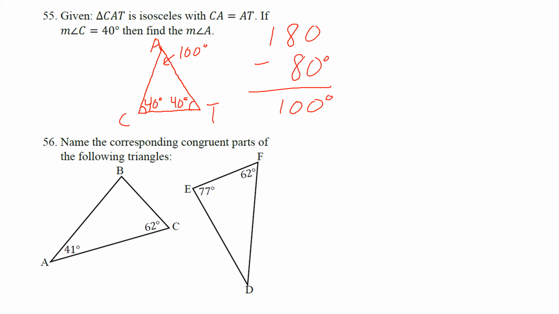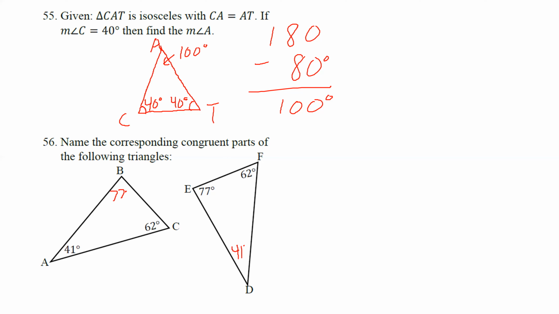On 56, name the corresponding parts of the following triangles. So on here, they showed two angles in each triangle. Now, if we were to subtract the two angles that are here from 180, we'd be left with 77 degrees for angle B. And then on the other triangle, if we subtracted angles E and F from 180, we'd be left with 41.